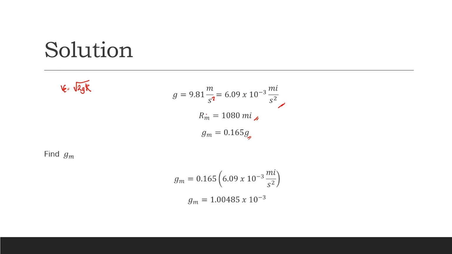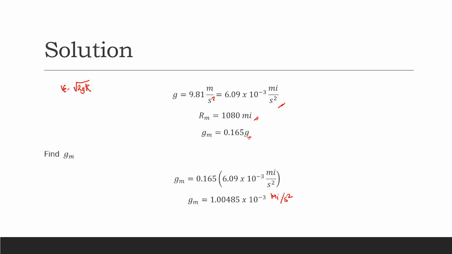So, hanapin muna natin yung GM. So, 0.165 times the gravity of Earth in miles per second squared. We will arrive at a GM na 1.00485 times 10 to the negative 3 miles per second squared.